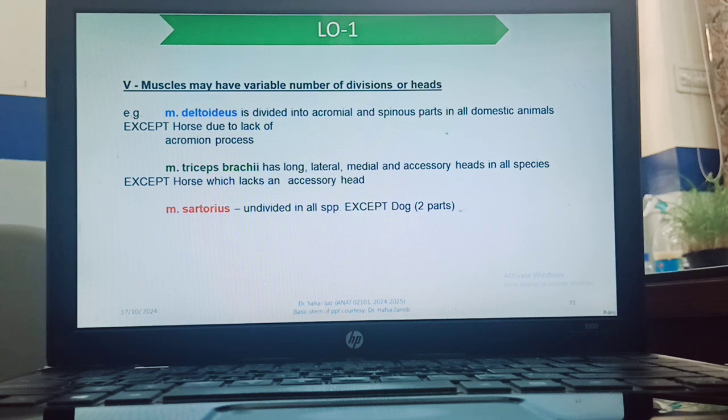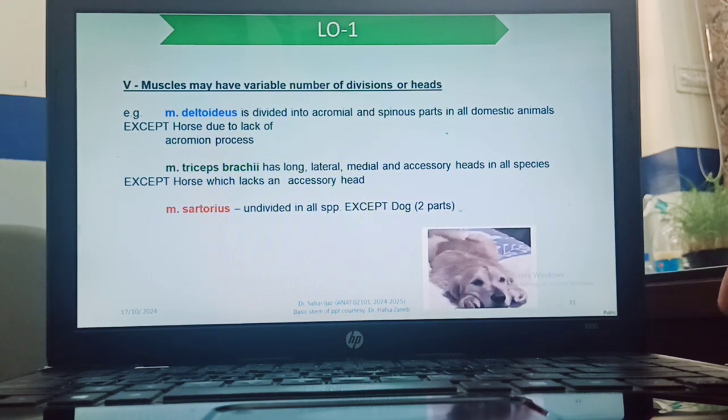Then sartorius is a muscle of the hind limb which is divided differently in these species. In the case of the horse and ox, it's just a medial division of the sartorius. But in the case of the dog, there is one cranial slip and one medial slip, and so the dog, using this muscle, can flex the hip joint and can flex the stifle joint with the same muscle.